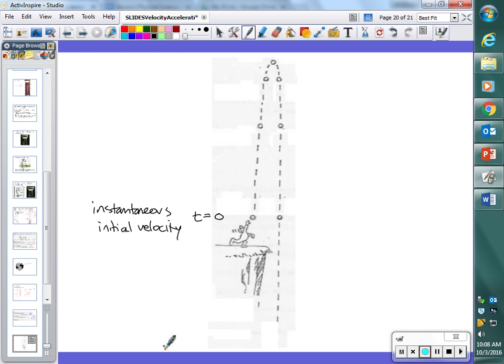Alright? So right here, this would be the instantaneous initial velocity. Does that make sense? So make sure when we're doing time, we consider that to be time 0, but that is the initial velocity. Okay? Just a word of warning.